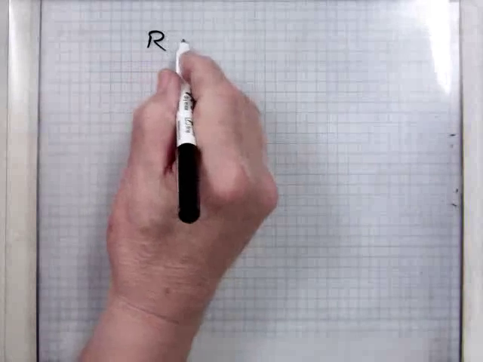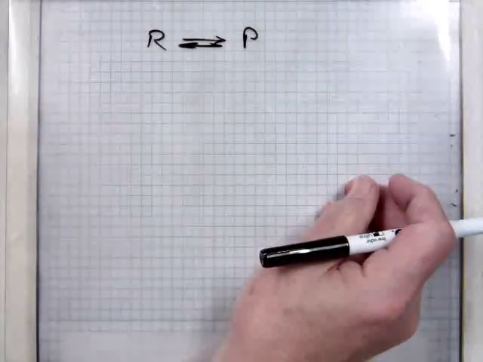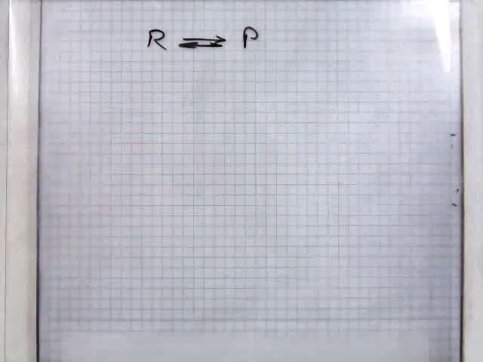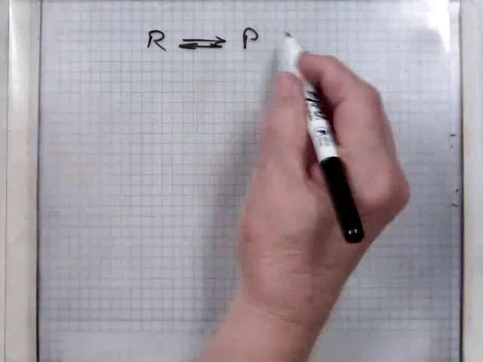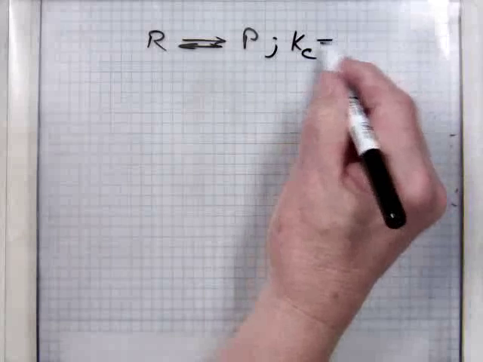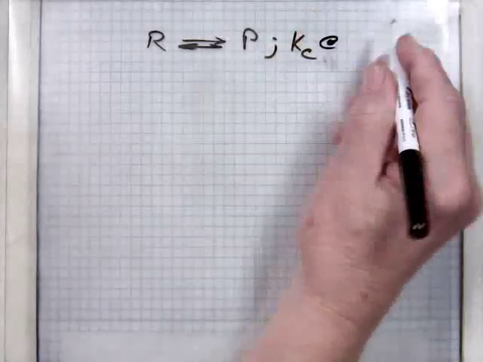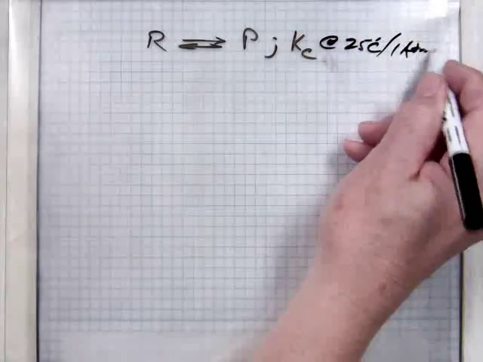Reactants in equilibrium with products. All right? Now, when this is truly at equilibrium, say at 25 degrees and 1 atmosphere, then this would have a Kc value at 25 degrees C and 1 atmosphere of pressure.